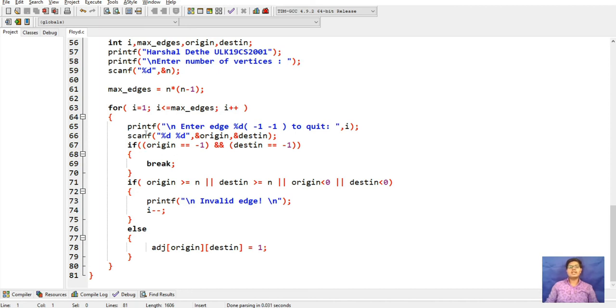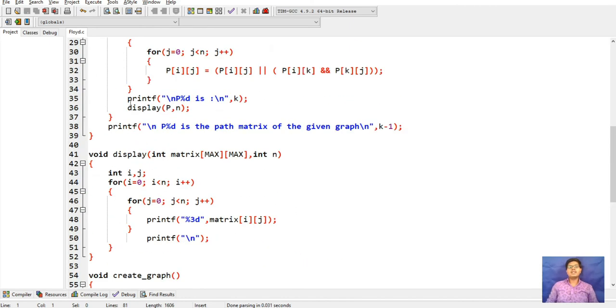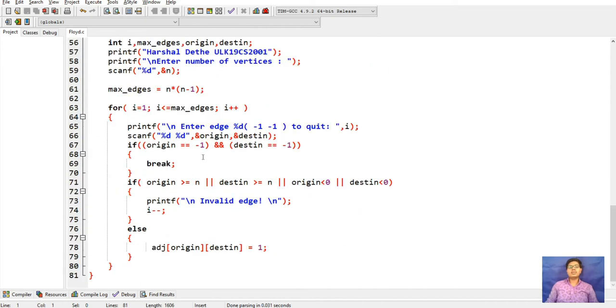In this condition I have given, if origin is equal to minus 1 and destination is equal to minus 1, it will break the condition, and then it will calculate the given graph, and then it will print this statement, that is p of percent d is the path. So this will print here.